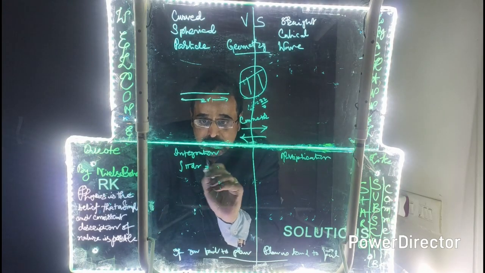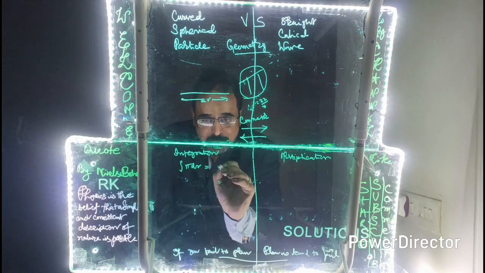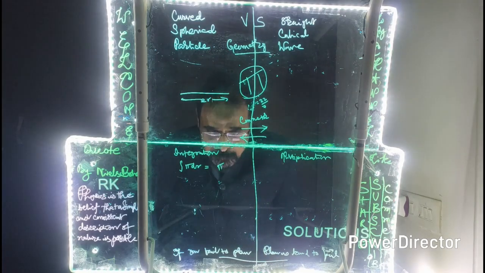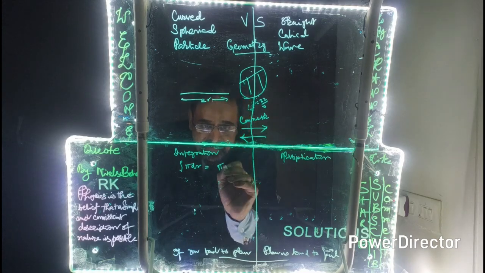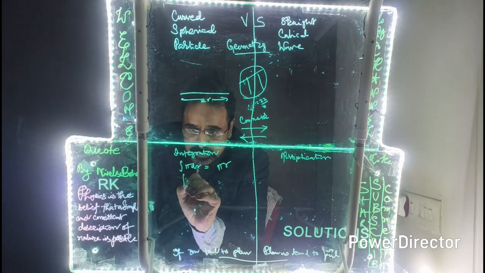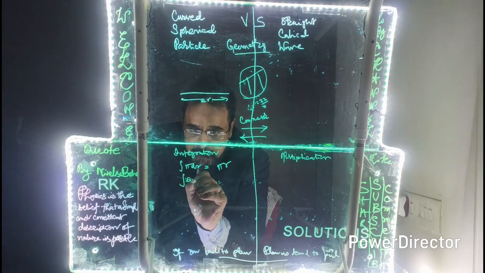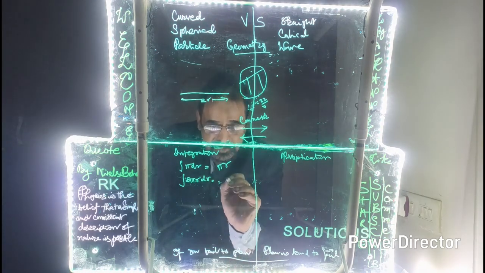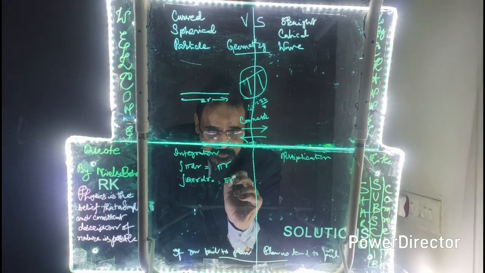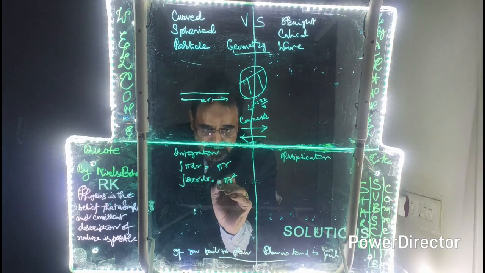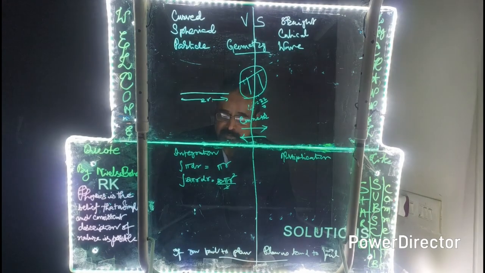Pi r. And if you take two such pi r's and integrate, you will get pi r square. 2 into pi r square by 2, so they get cancelled, and pi r square remains.